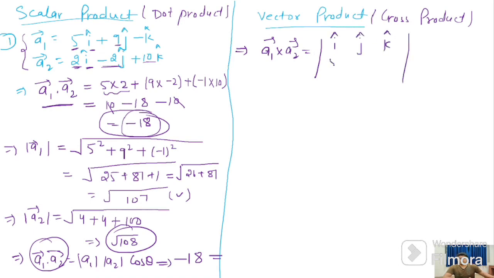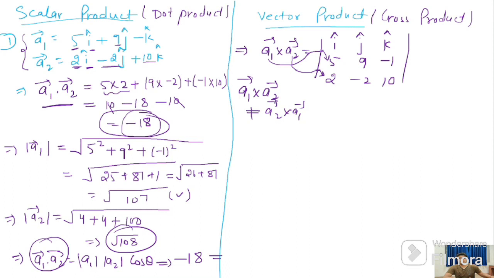Coefficients of a1 are 5, minus 9 and minus 1, written first, and a2 second: 2, minus 2 and 10. a1 cross a2 will not equal a2 cross a1.